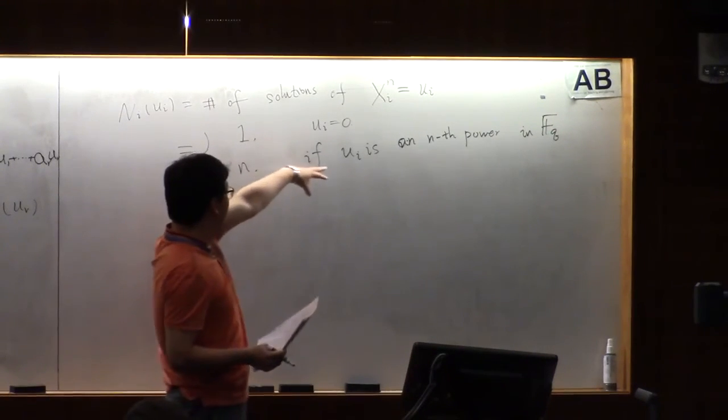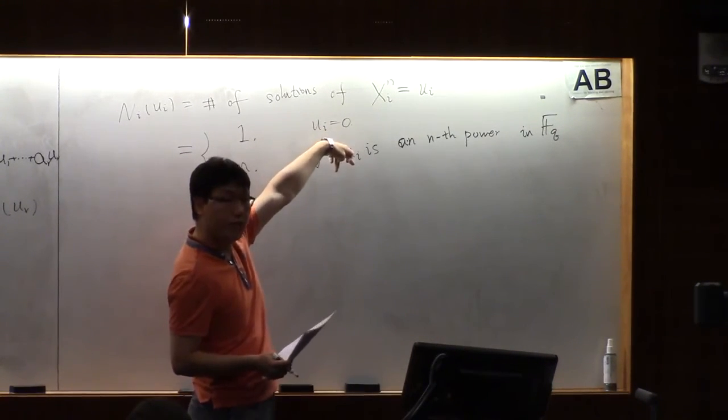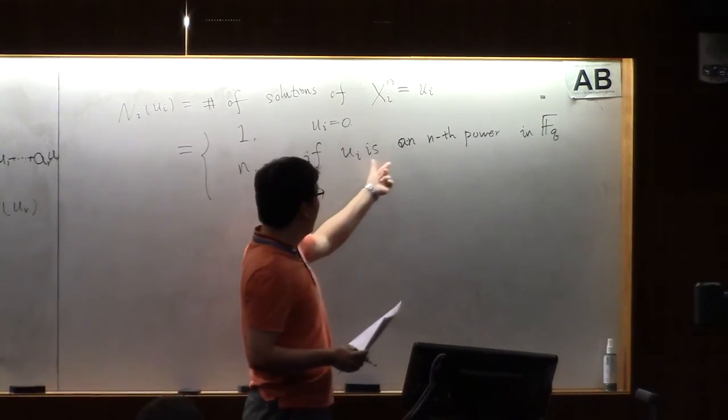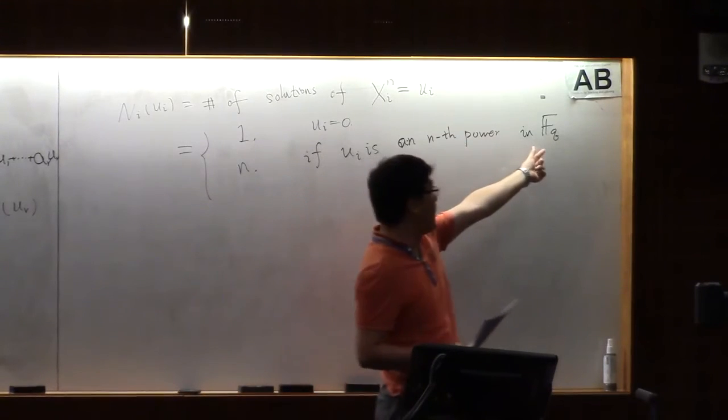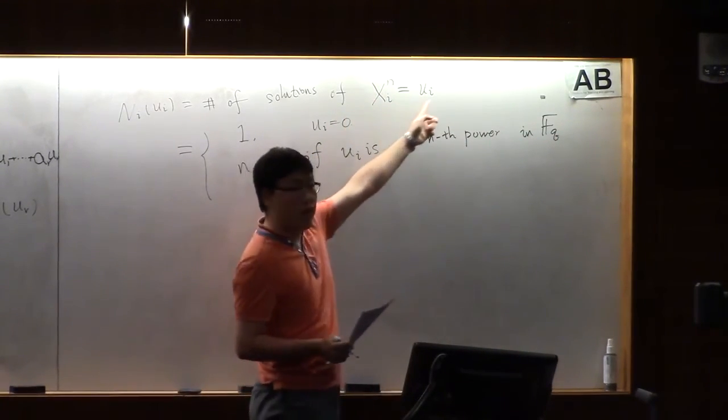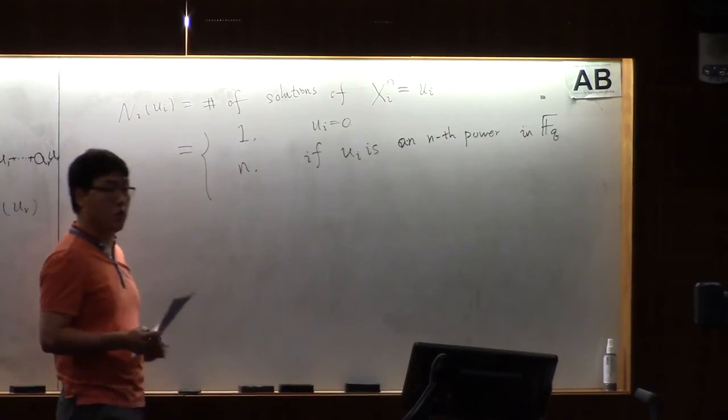Or in other words, if this u_i can be written as an nth power of some element in F_q, then you can show that actually this equation will have exactly n solutions.